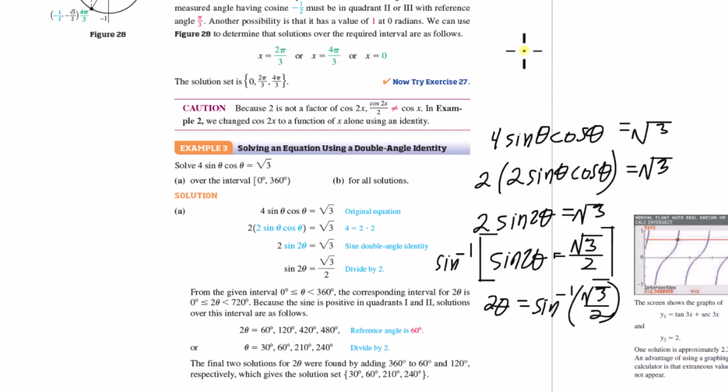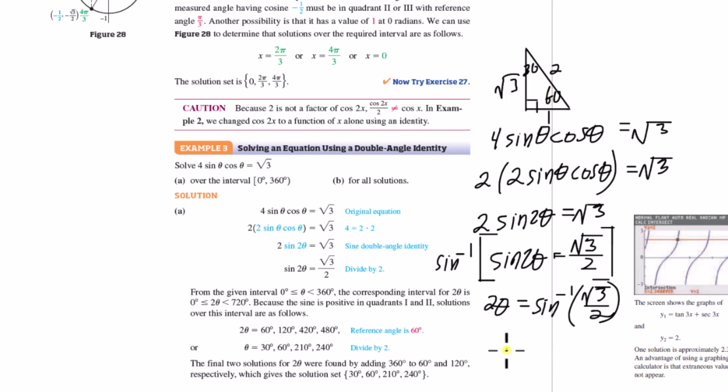So let's see. Sine of 60 is root 3 over 2, opposite over hypotenuse.